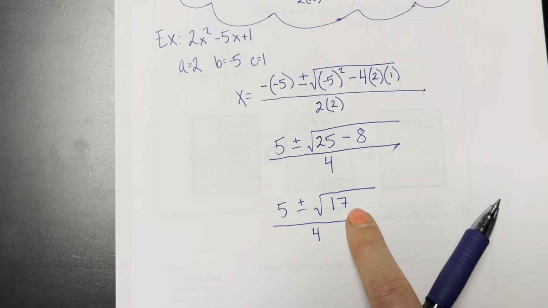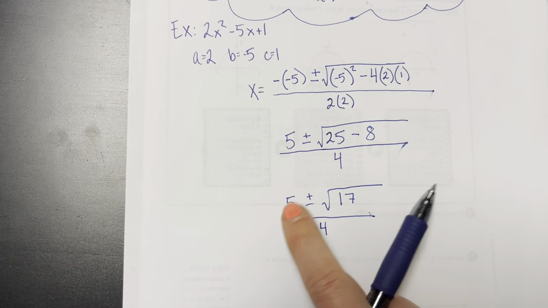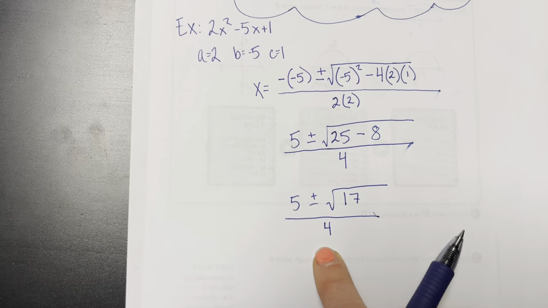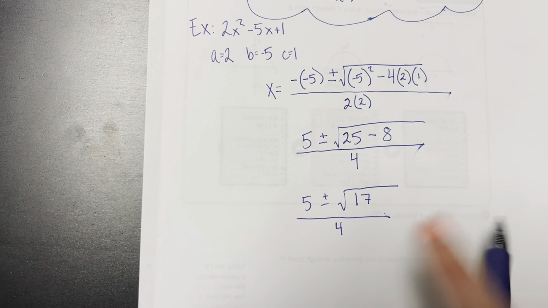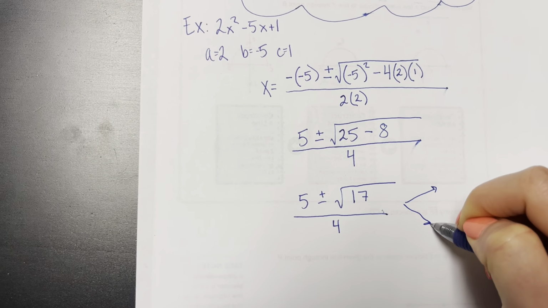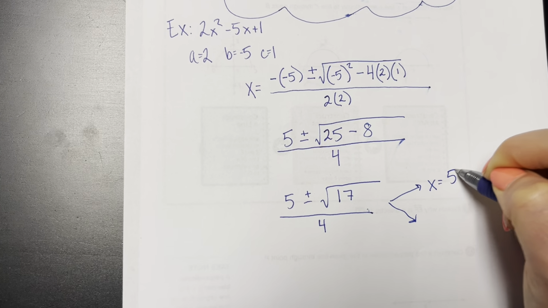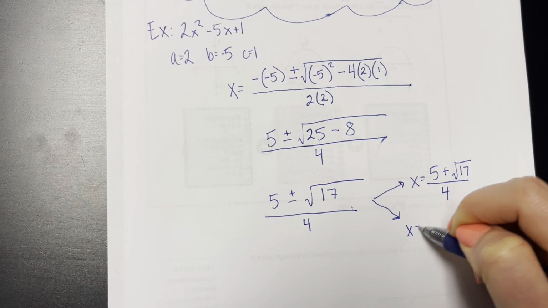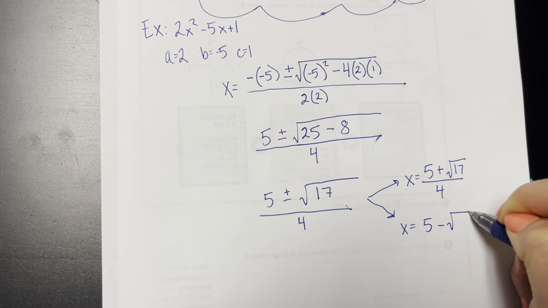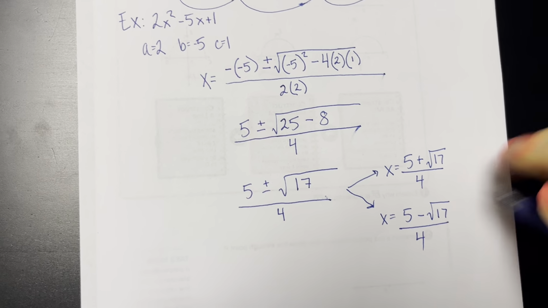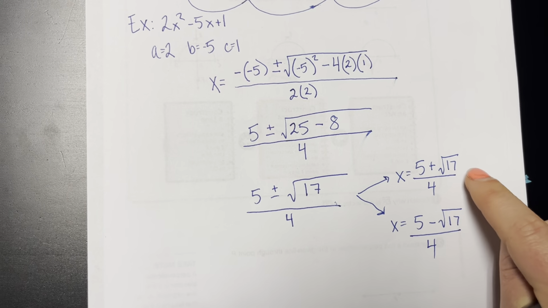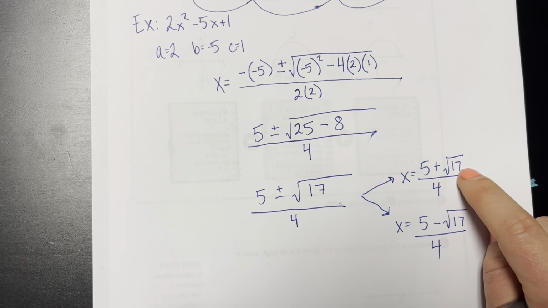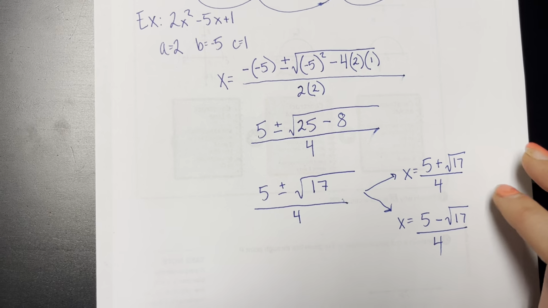We're going to do two different equations, 5 plus this decimal divided by 4, and 5 minus this decimal divided by 4, because there's always two numbers. X equals 5 plus the square root of 17 over 4, and 5 minus the square root of 17 over 4. This is your last step, just plug this into a calculator. The square root of 17 is 4 point something, like 4.1 something.